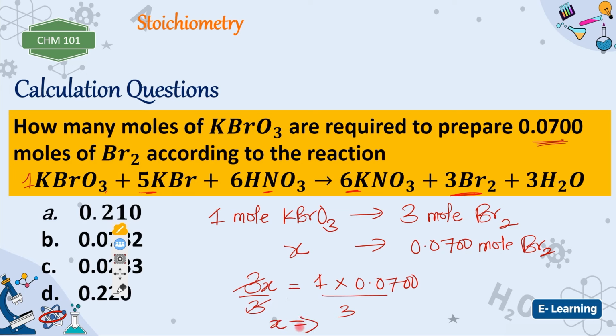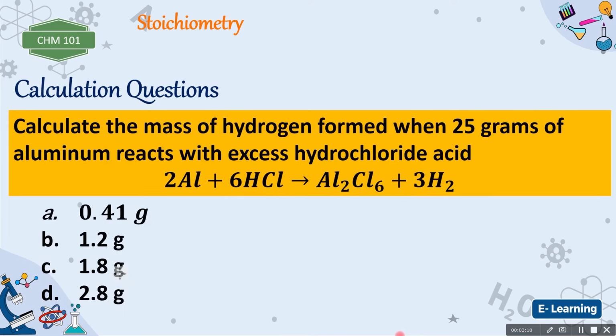X would be equal to, so multiply that for me, and let us see what you are going to have. You have 0.070 divided by 3, which should give us 0.0233. All right, so that is option C, 0.0233 mole. So that's the answer to that question. It's a very simple question, right? Exactly. Let's see the next one.